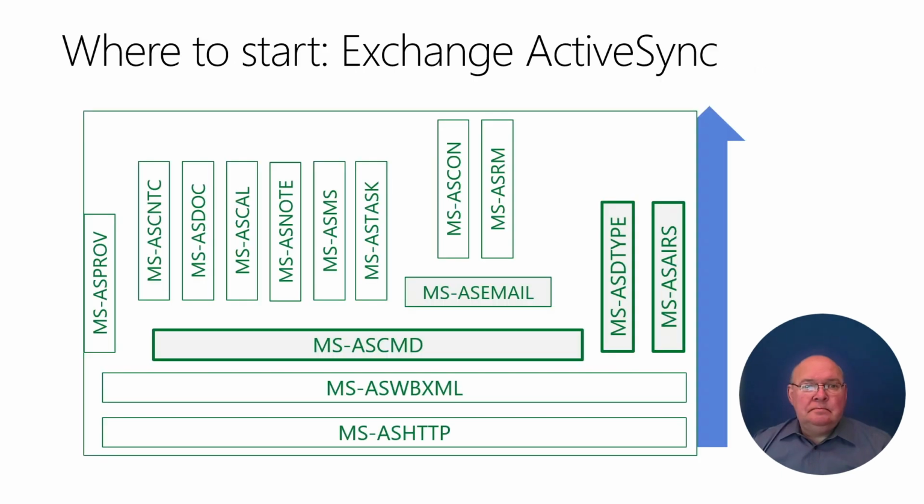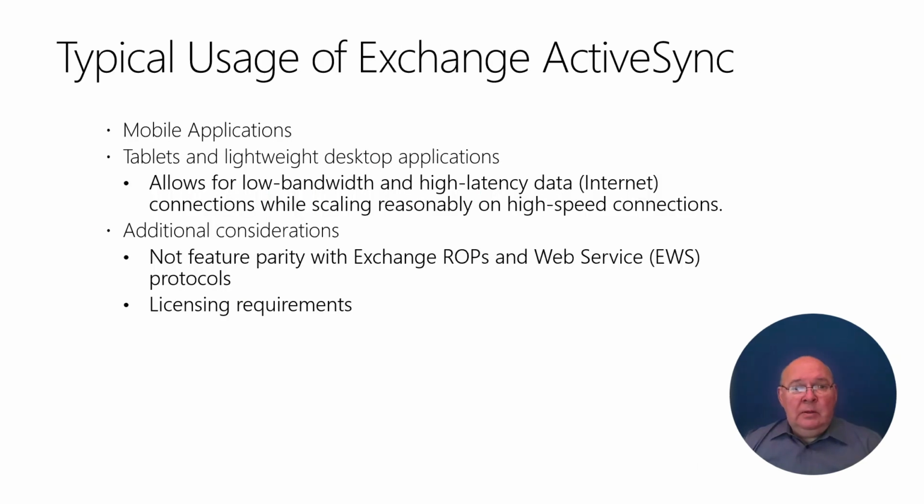Where to start? It is hierarchical, so you can start with basically MS-ASCMD and go into the specific features that you need. Typical usage of Exchange ActiveSync is mobile applications and also tablets and lightweight desktop applications.